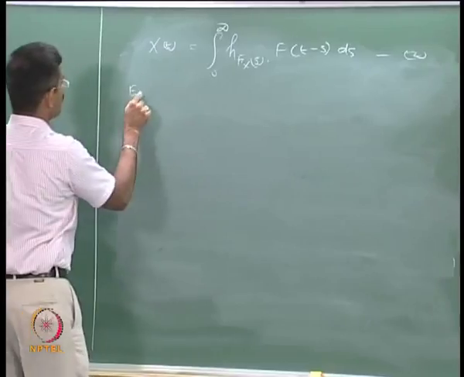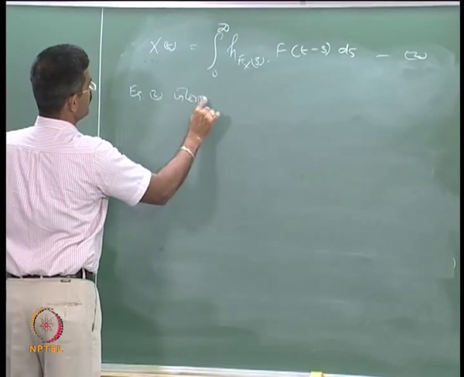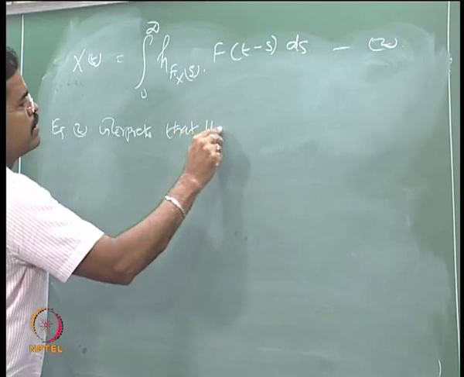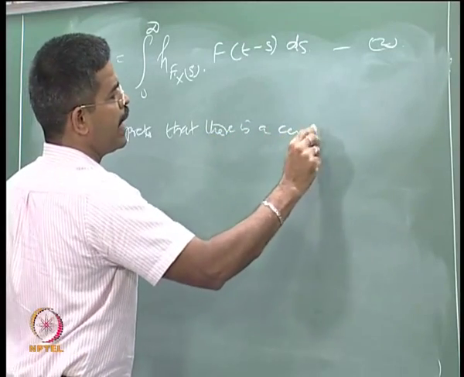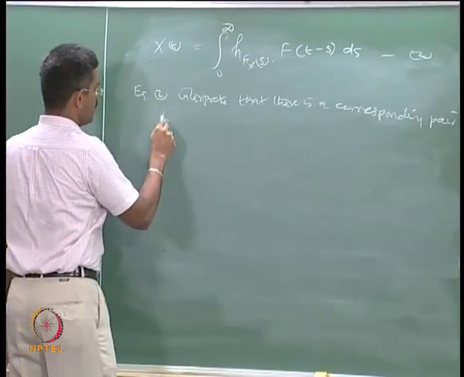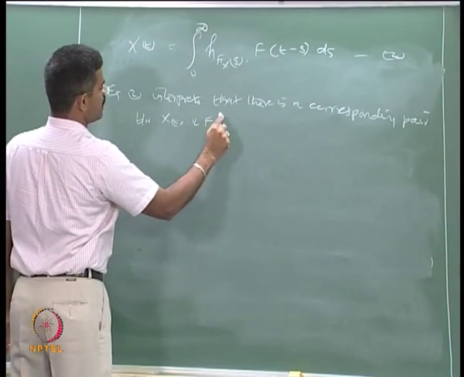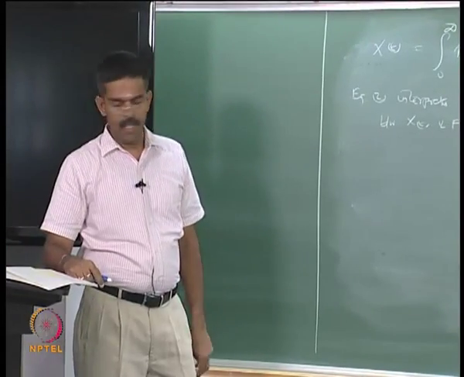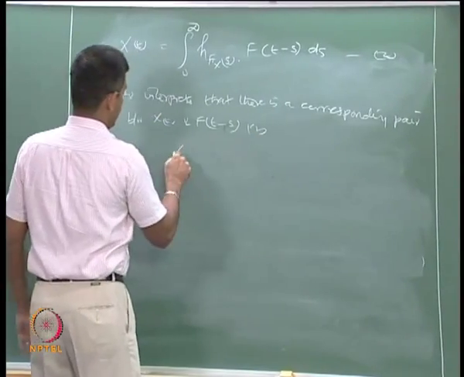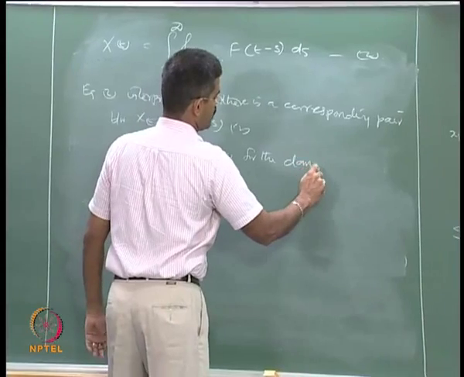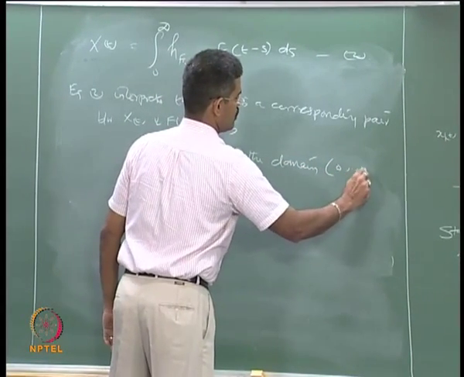I can say equation 2 interprets that there is a corresponding pair between x of t and f of t minus s, or x of t and f of t for the whole domain 0 to infinity.